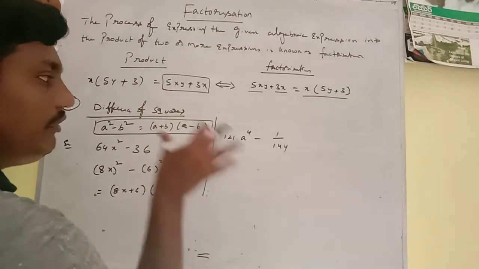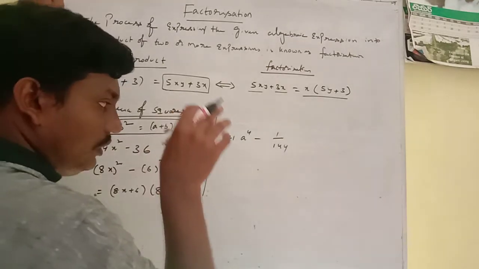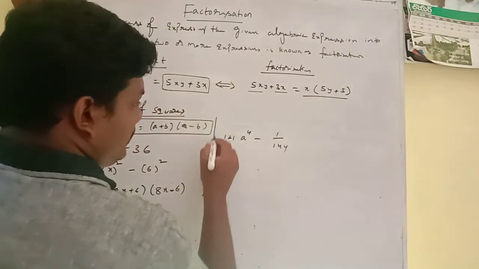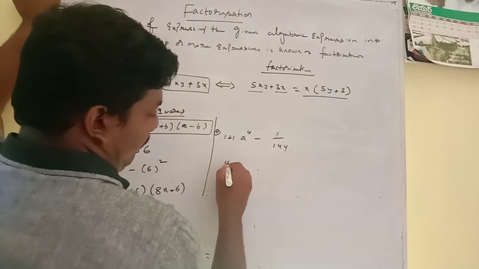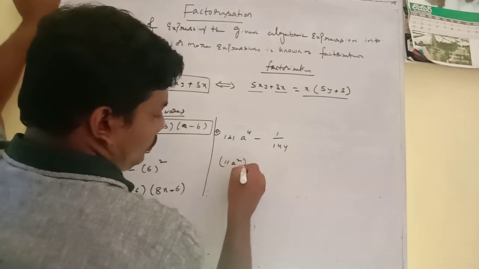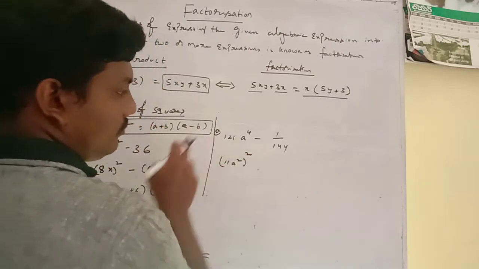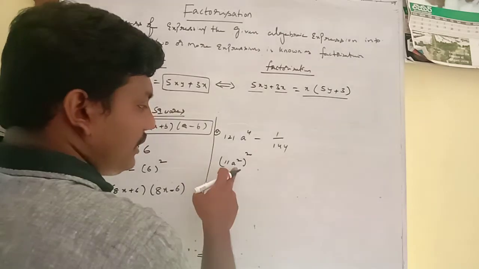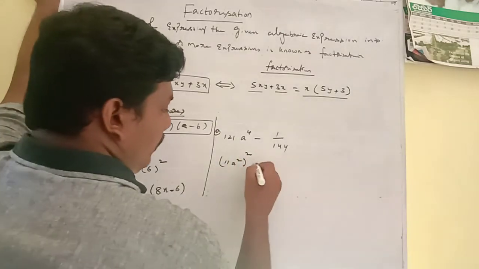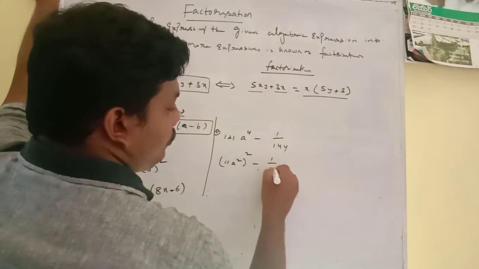Even though there are no common factors, we are going to find the factorization. This is 11 a square whole square, since 11 square is 121. A square whole square means a power 4, minus 1 by 12 whole square.